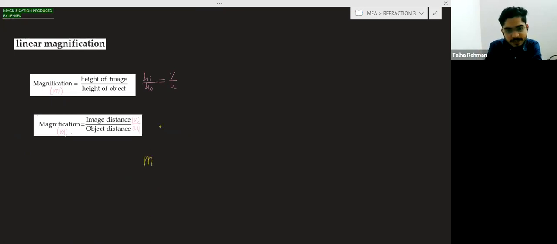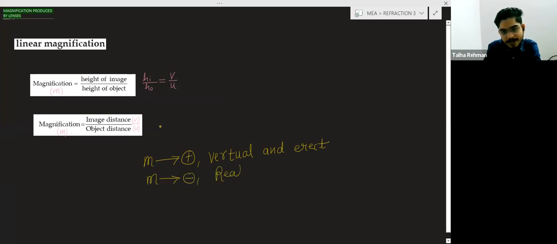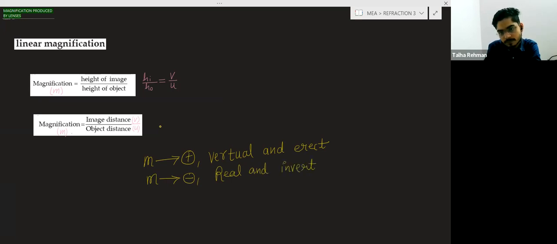If your magnification is positive, then your image will be virtual and erect. Note it down. If your magnification comes out to be negative, then your image will be real and inverted. Just note down this point.